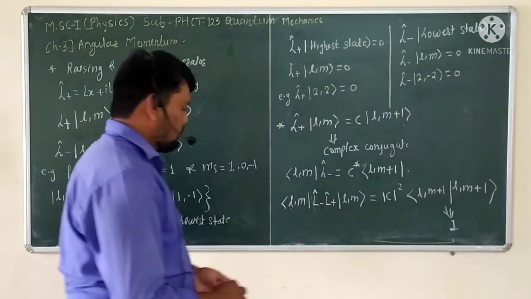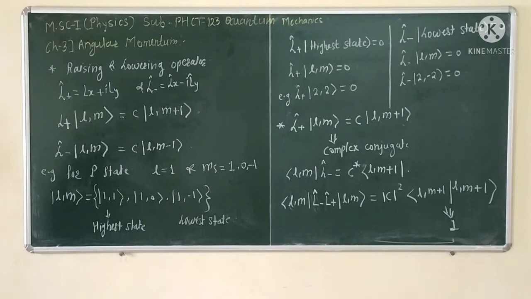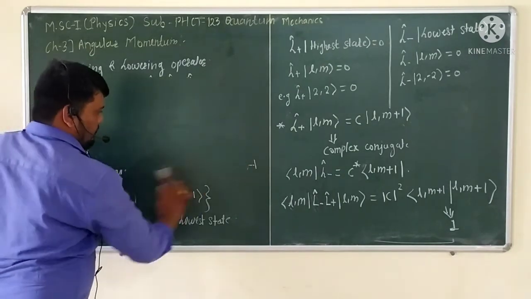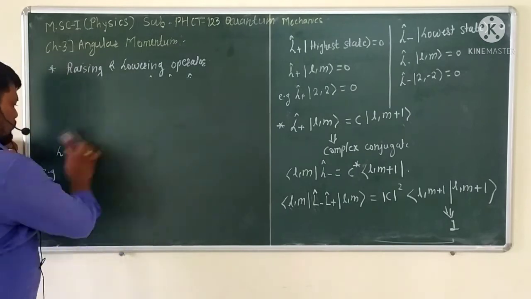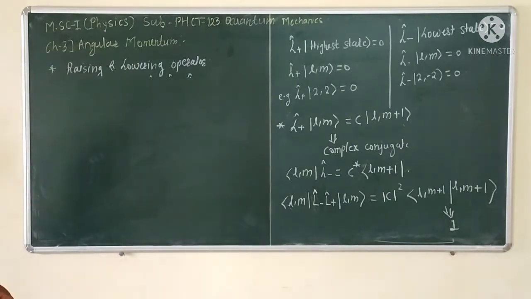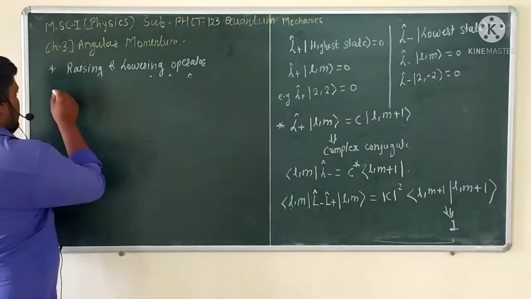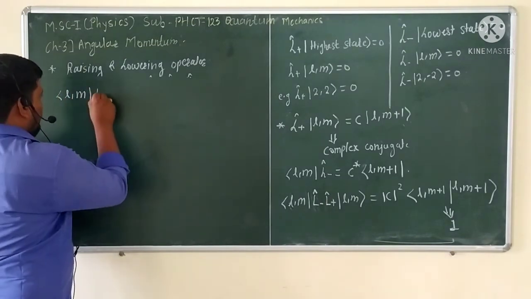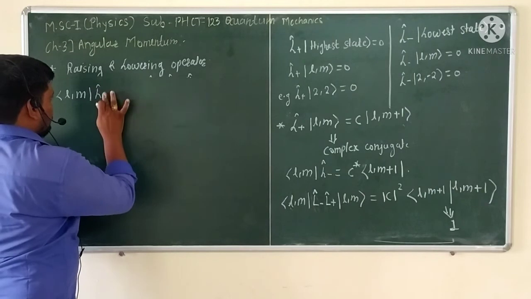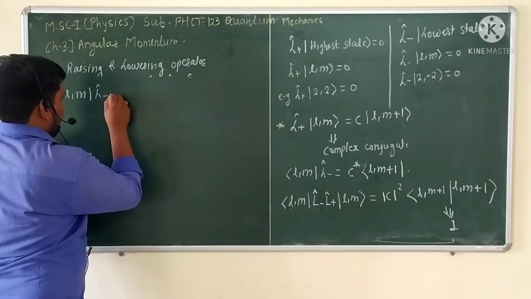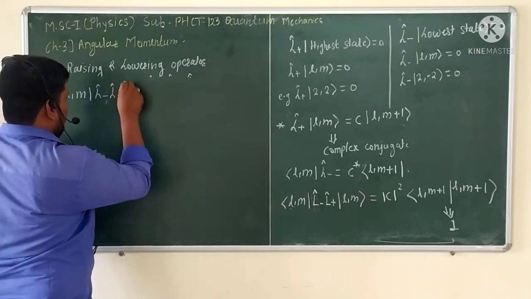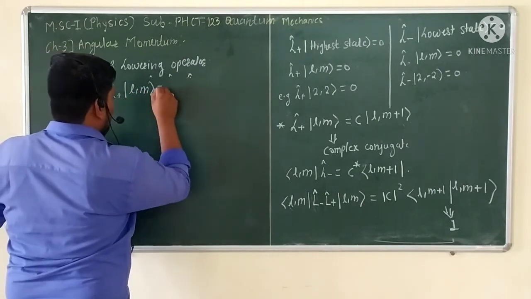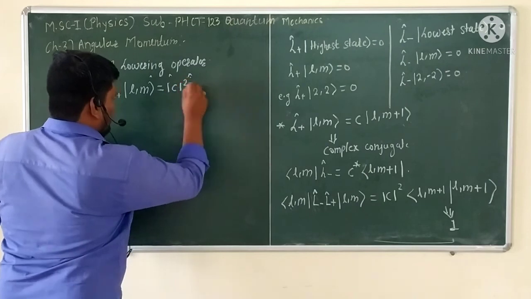Okay, so that relation is obtained here, and we want to solve for the value of mod C square, so that is nothing but the bra L comma m of L minus cap, or L plus cap, on L comma m, which is equal to mod of C square.